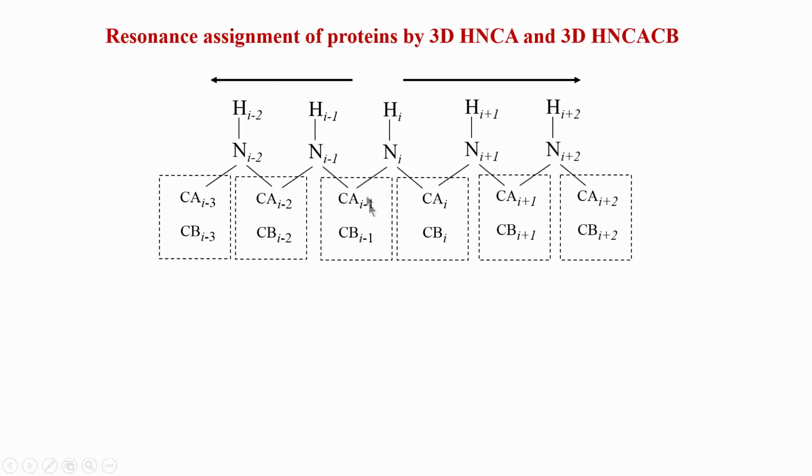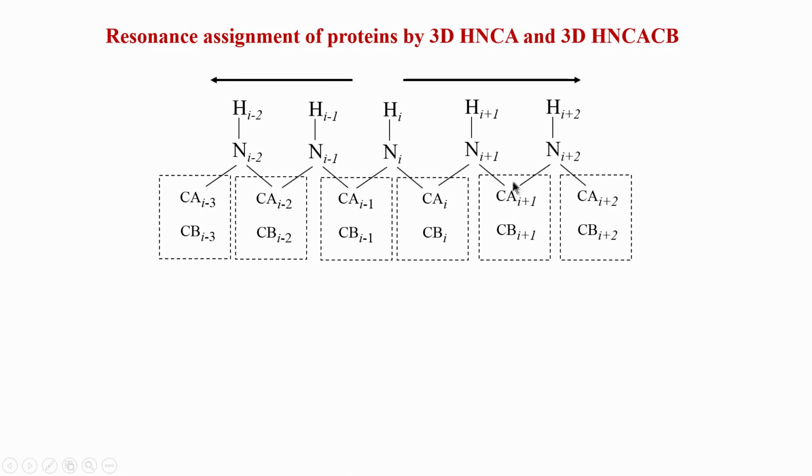You can see here what we have done, we have I minus 2. We started from an arbitrary H and N of an I in a protein, some peak in HSQC, and we went this way and this side. When you go to the I plus side, you will see we share these 2 chemical shifts between the neighboring amino acids. A very important point is neighbors.